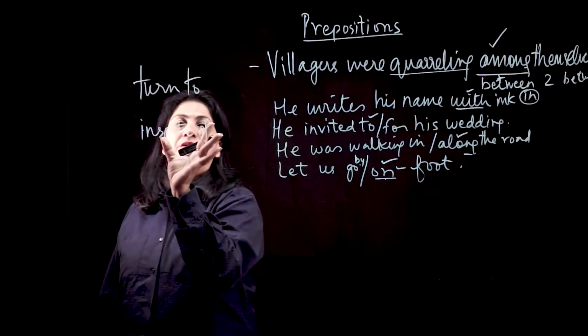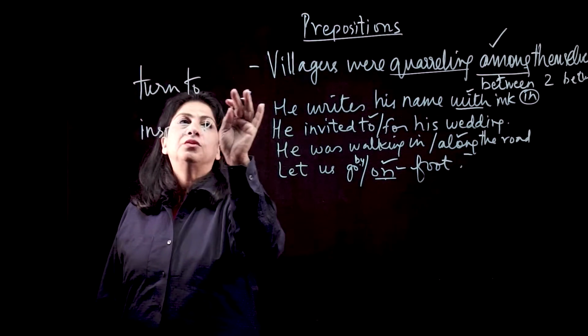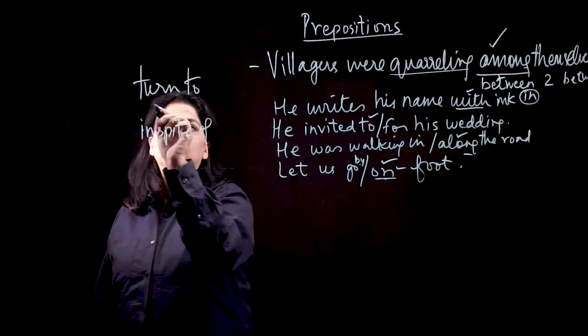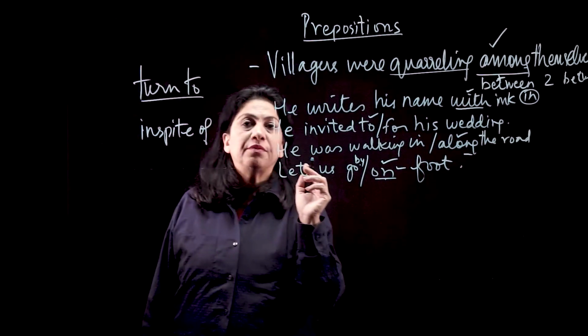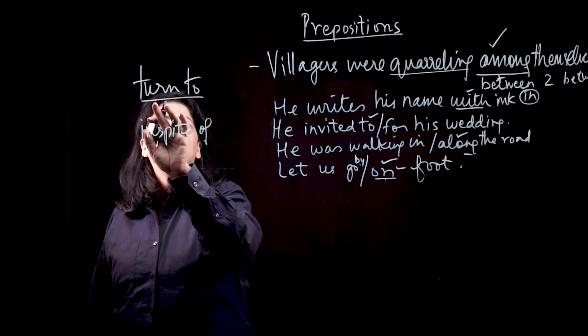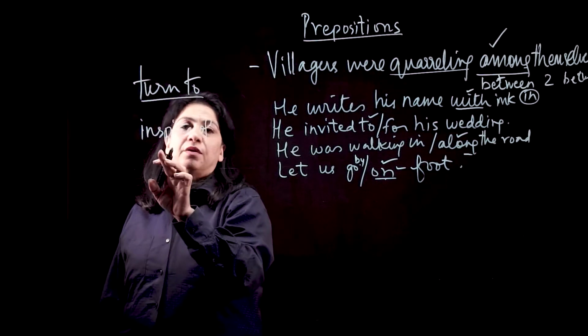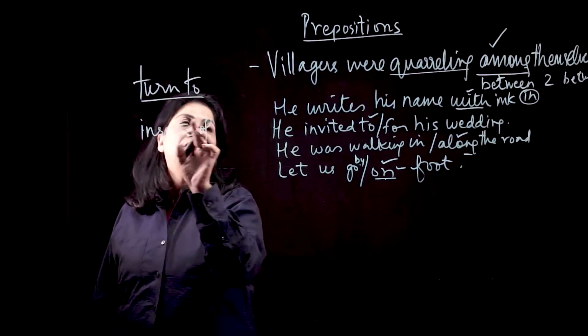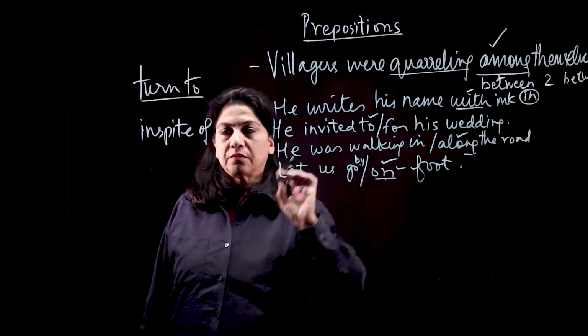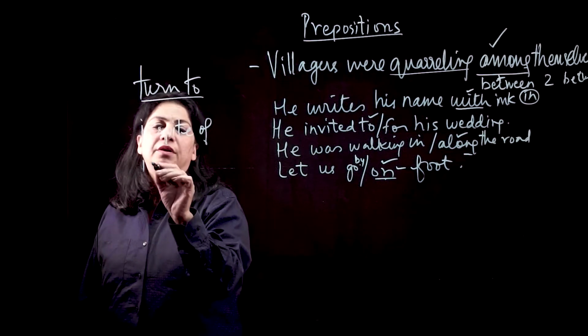The teacher asks the students to turn to page 23. So turn to by itself you will identify as a phrasal preposition. Why? Because this is a verb and this is the preposition. Now here also, in spite of his best efforts, he did not reach on time. Now let's see some more. In regards.